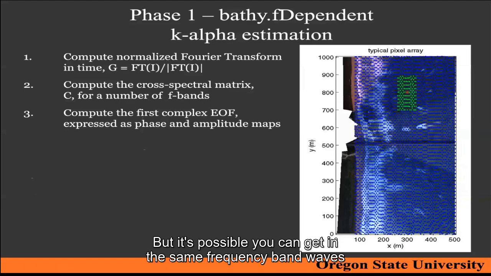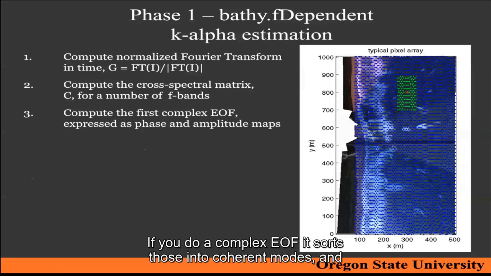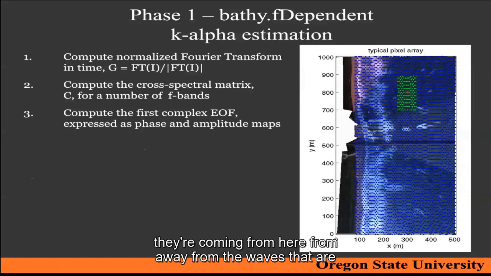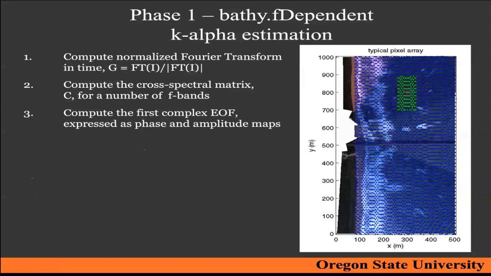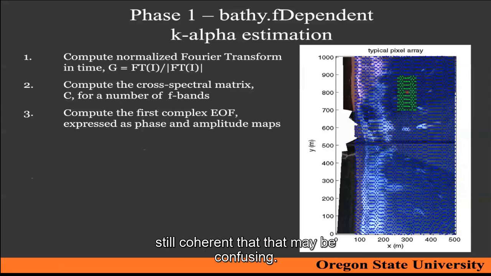But it's possible you can get, in the same frequency band, waves coming from different directions. If you do a complex EOF, it sorts those into coherent modes. And so the idea is it should sort out the waves that look like they're coming from here away from the waves that are coming from there. It may be, if it's a reflected thing, that each of those is still coherent.